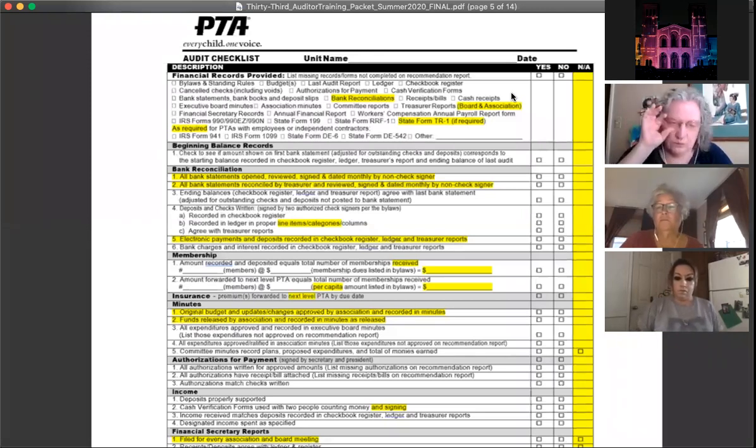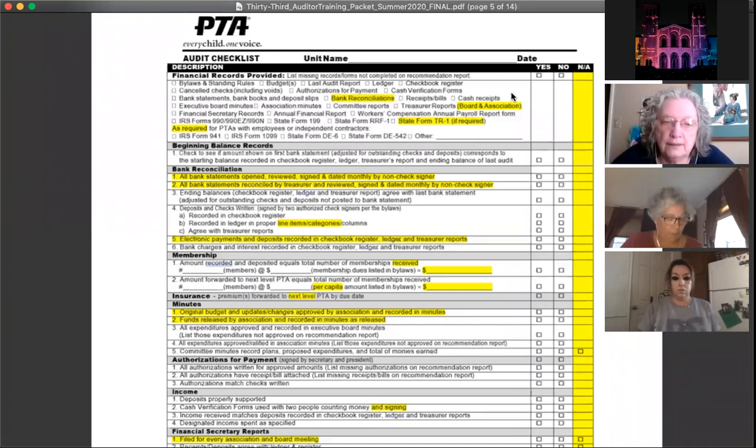So if we go down, then the second part, beginning with the balance records, this is what you call an action plan or an audit program. And these are the items that you check off as you're looking at the documentation.